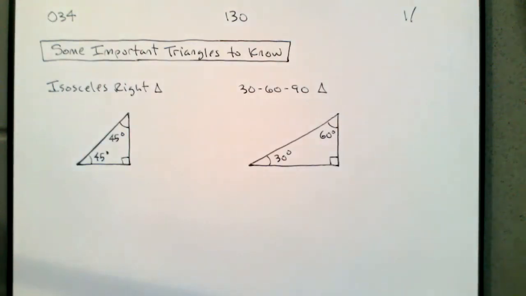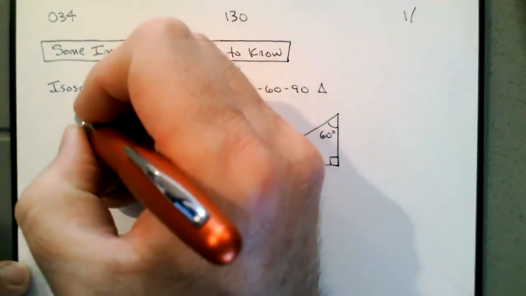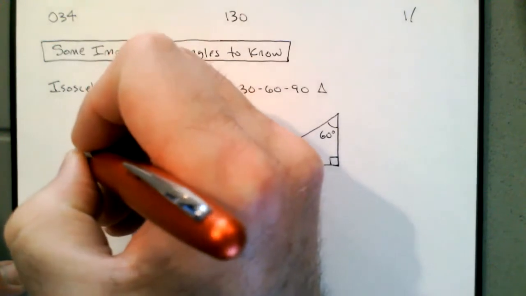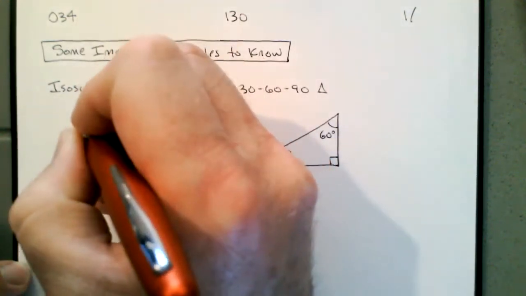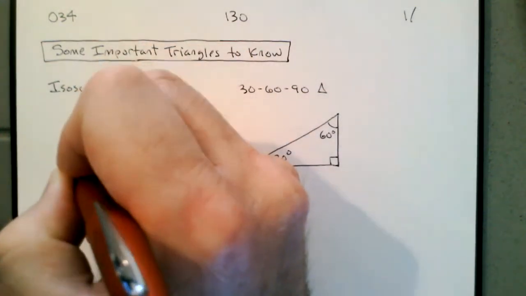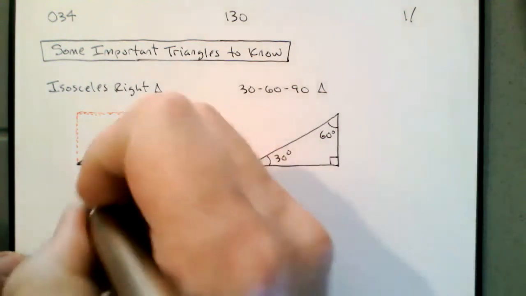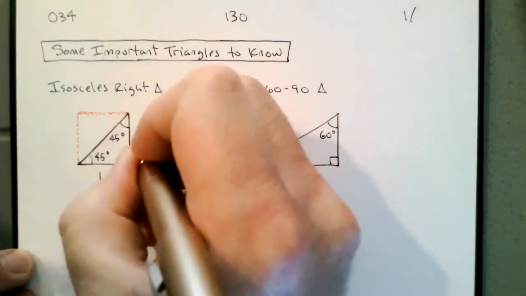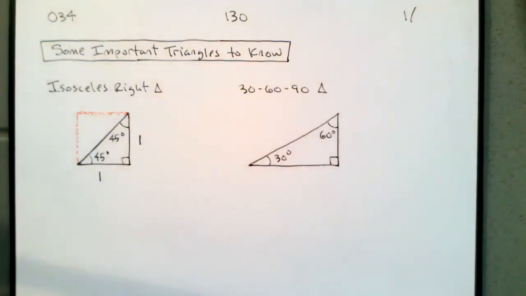We can imagine that we take this isosceles right triangle and cut it out of just a square where all four sides are the same. So I'm going to say that this is a square with a side length of 1. So if the two sides are 1, they have to be the same because it's an isosceles triangle.